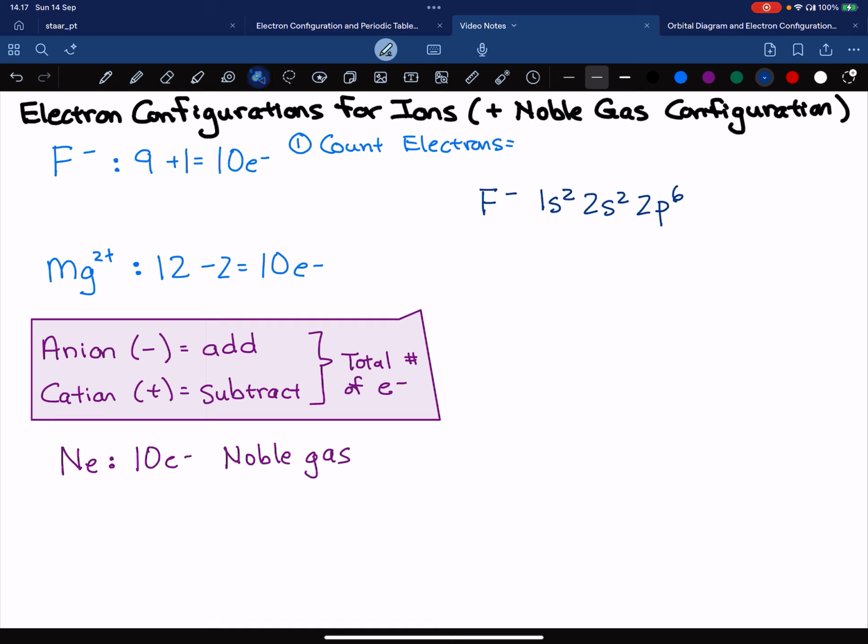The noble gas configuration is that it is a full valence shell. Let me circle the right thing. It's not the fact that it's 2, it's the fact that it's P6. That P6, that is a full valence shell. That is a noble gas configuration.